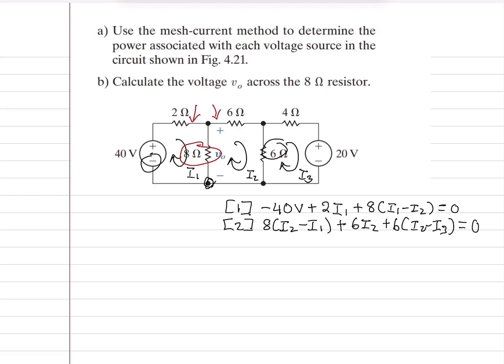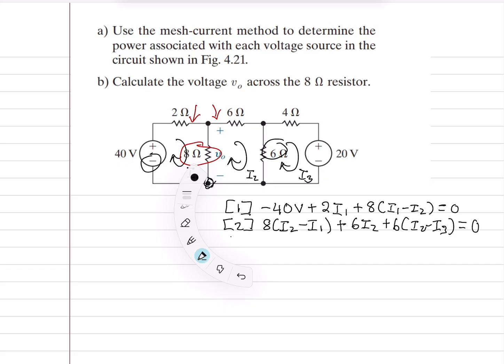And if we're dealing with the second mesh, we do the second mesh minus the first mesh. And it's always multiplied by the resistance of the resistor.